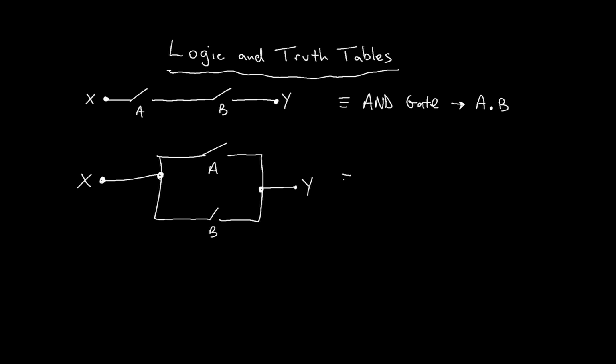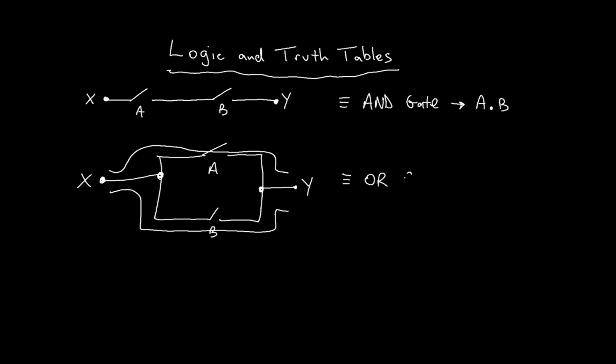And you can probably guess that if switch A is closed, then we're going to have a path from X all the way through to Y. And if B is closed, we're going to have a path all the way through to Y also. So in this particular case, we do have an OR gate, because if A or B is closed, then signal X is going to be transferred to point Y.